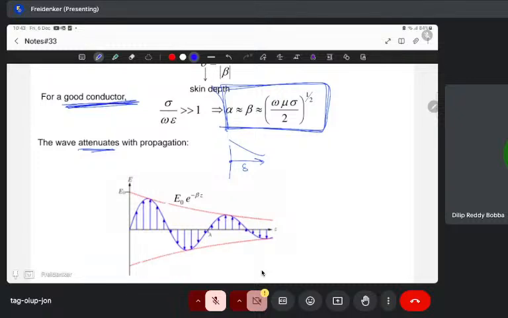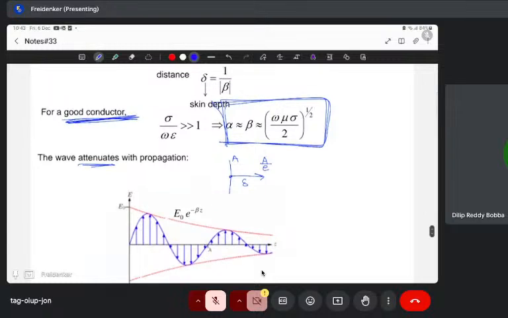So if initially your amplitude was A, here your amplitude will be A by e. So skin depth is basically the distance traveled by the wave such that the amplitude gets reduced by a factor of e, 1 by e or whatever.